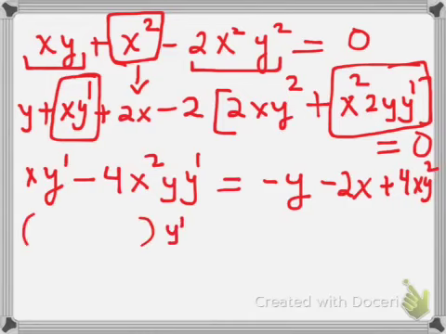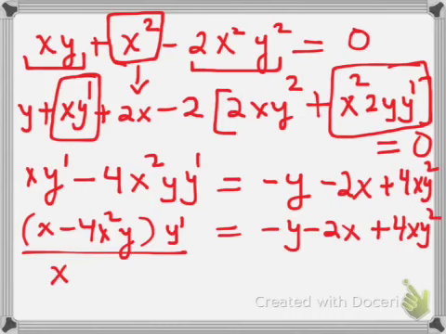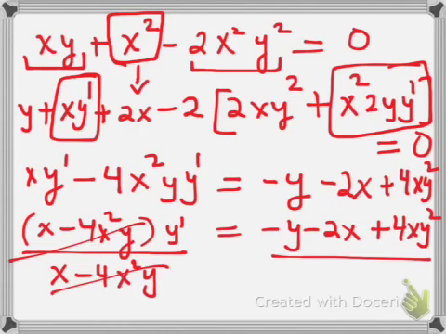And then I factor out a y prime here. What I'm left with here is x minus 4x squared y, right, equals the same thing, minus y minus 2x plus 4xy squared. And then you divide both sides by this, x minus 4x squared y. So this cancels right here. I'm left with x minus 4x squared y, right?